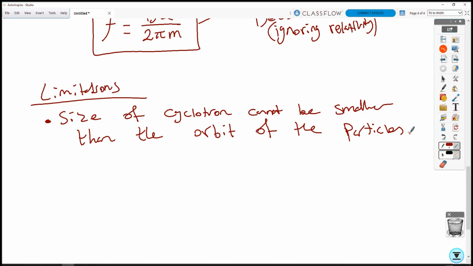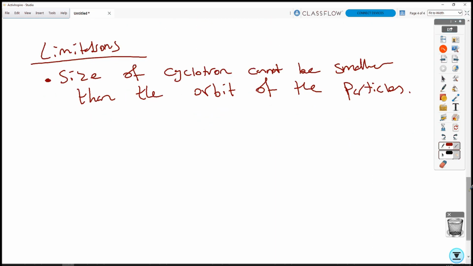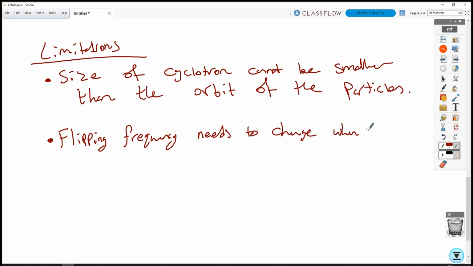So in other words, if you look at the diagram we drew above, when the electron gets to the point where it spirals out of the Ds, out of the cyclotron, you can't accelerate any further than that. So we're size limited. And then the flipping frequency will need to change when you have relativistic effects.